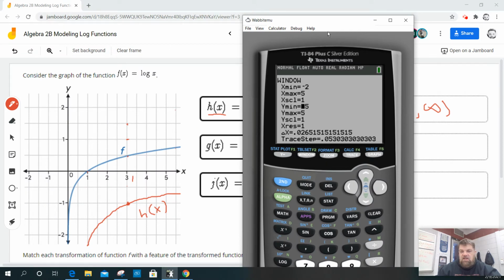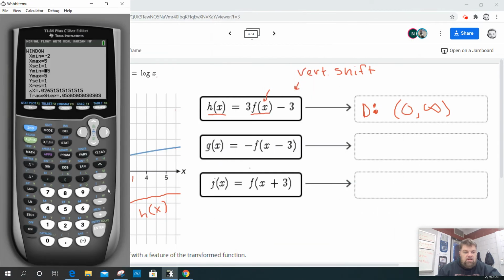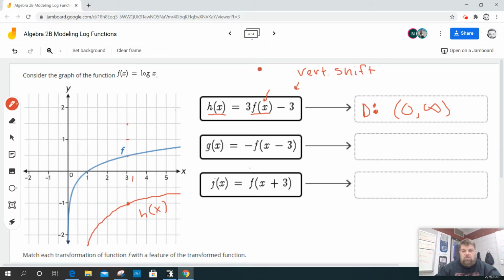So I'm going to say negative 2 to positive 2. So now when I graph this, it'll look just like the graph. Okay. All right. So we're good on this one.